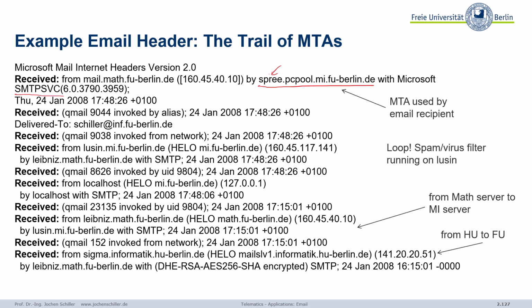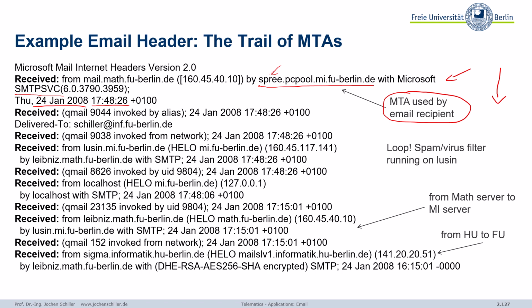But you see, and this is why it's good for debugging, you see the time, you see the date, and you see this is the MTA used by the email recipient. So reading from top to bottom, that's the newest entry, and the newest one is the closest one to your user agent where you read the mail. Before that, now we go back in time.